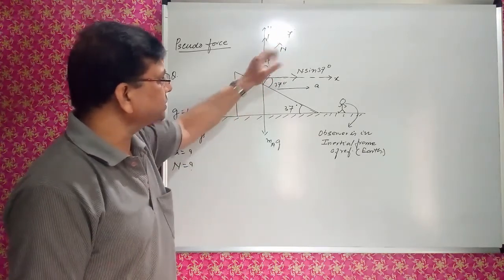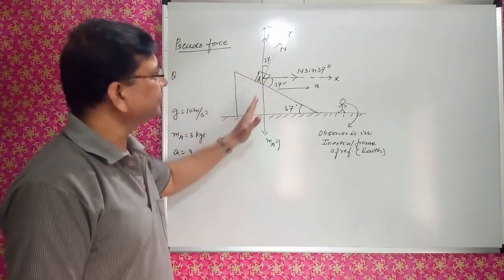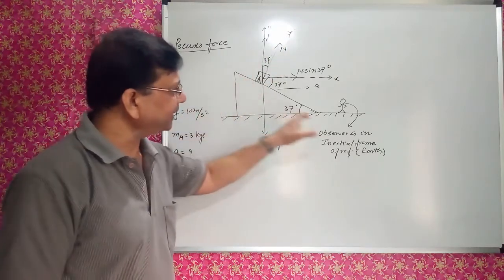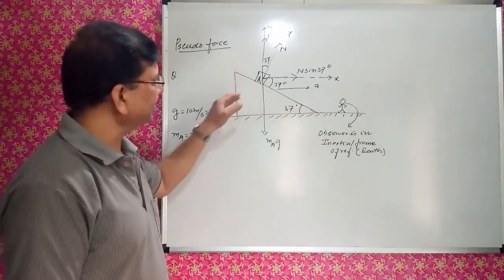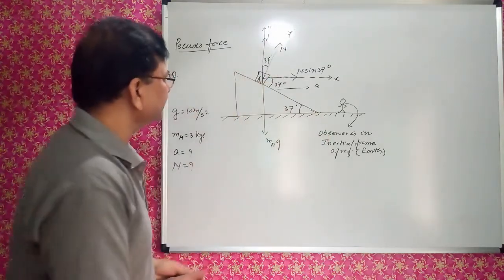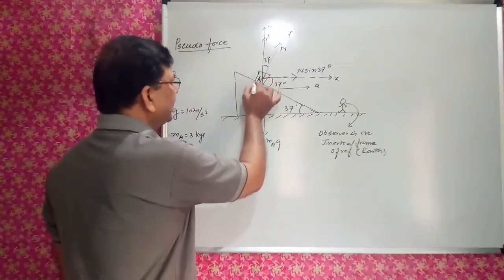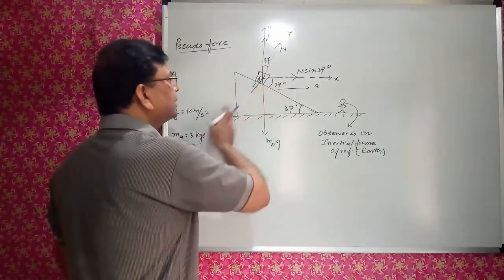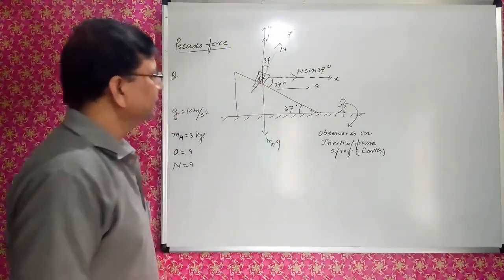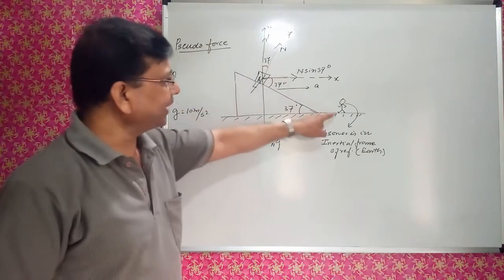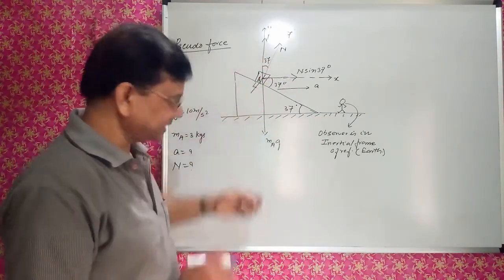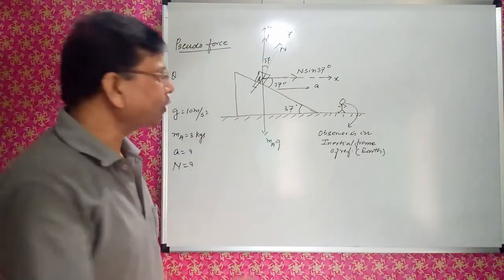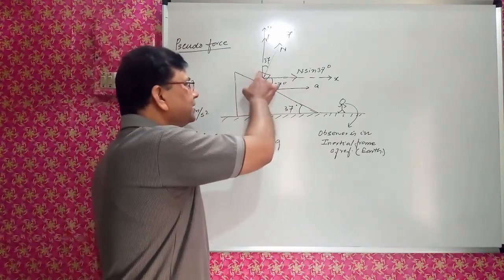The normal reaction force will be acting perpendicular to the surface of contact. This is the surface of contact, perpendicular to this. This normal force always acts perpendicular to the surface in contact. So these two forces will be acting according to the observer, this and this. And the net force of these two will cause the acceleration in this mass.